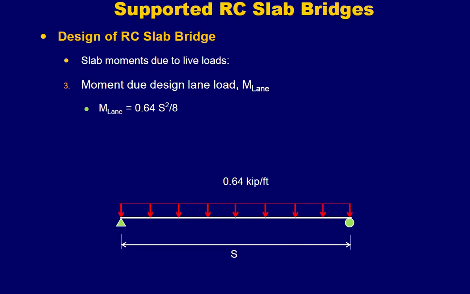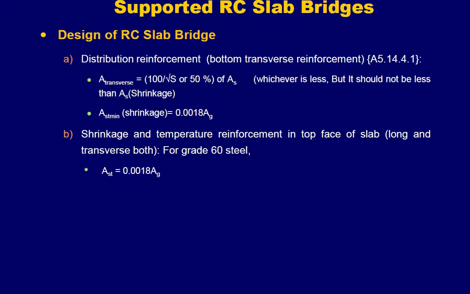As we discussed previously, the moment due to design lane load, M lane, is equal to 0.64 times W S squared divided by 8. So you combine this load with the tandem or with the truck, and whichever gives you the maximum moment, you take it as the design moment.